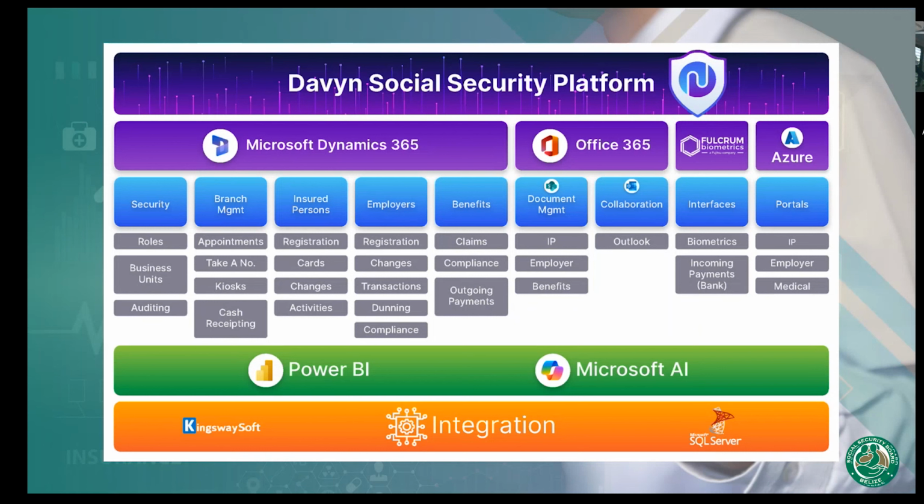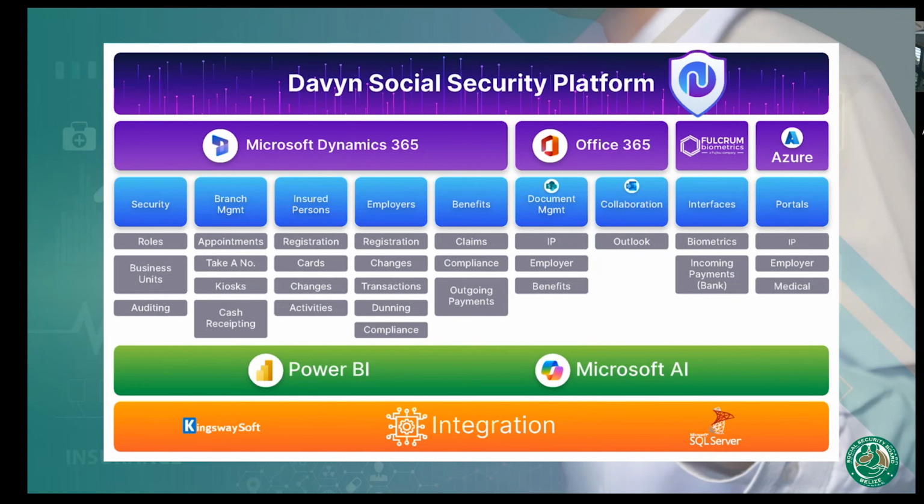But to serve you, if you notice, we have from left to right the various capabilities that you use. So security, branch management, people are familiar with take a number and so on. They come into the branch, or insured persons for registration and so on, employers doing registration and changing their information.